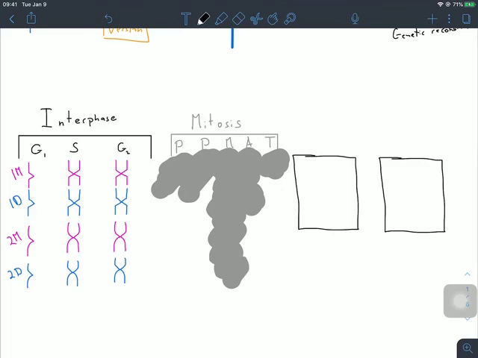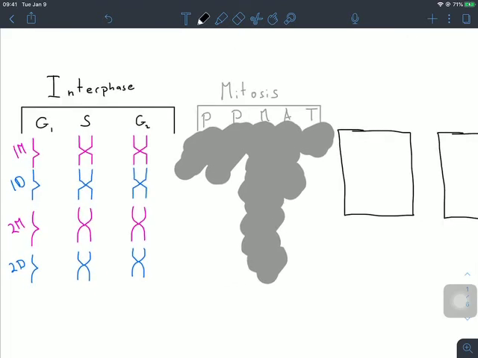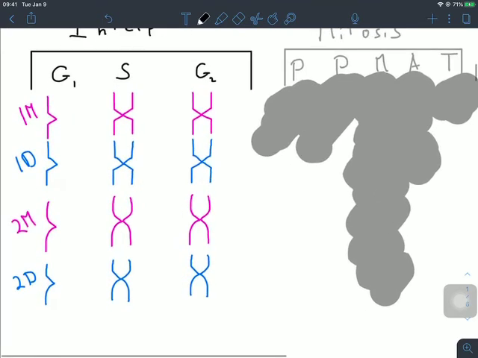So, mitosis, just like meiosis, has an interphase, where in G1 the cell is growing and you have the full complement of chromosomes, unwound as chromatin. In S phase, each of these halves is duplicated.